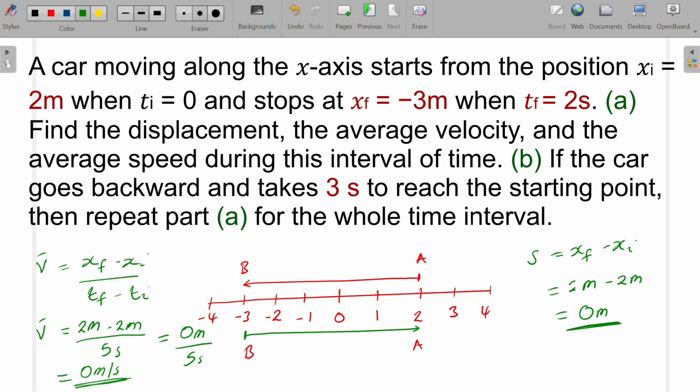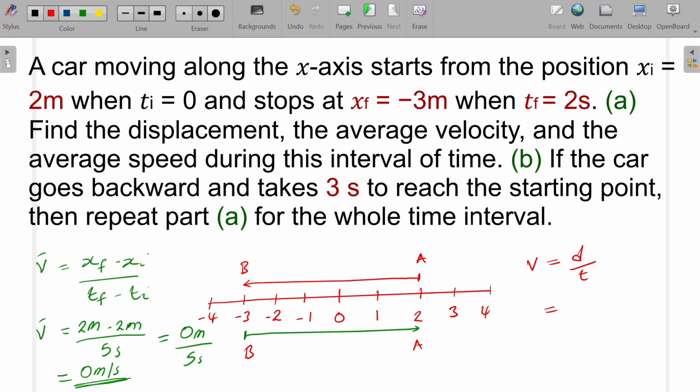Now, the average speed doesn't consider displacement. Average speed is the overall distance covered divided by the overall time used. So speed is equal to distance over time.